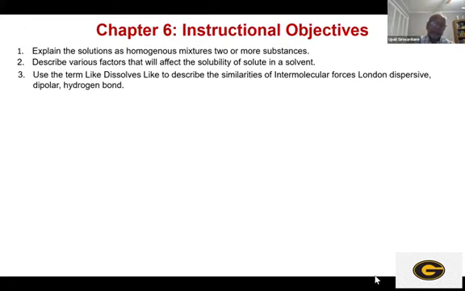That's the term like dissolves like. This is the similar structures. Some structures are polar, some are non-polar. Polar compounds dissolve in polar. Non-polar compounds dissolve in non-polar. That's the idea behind like dissolves like.